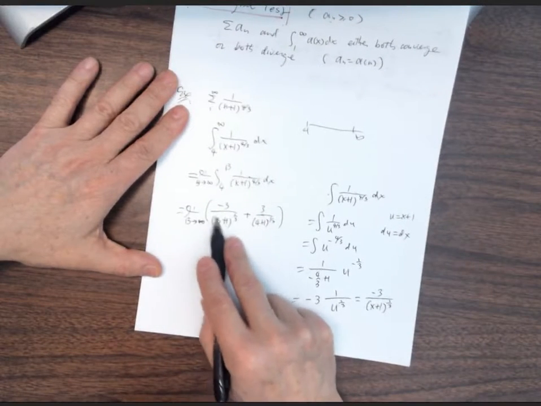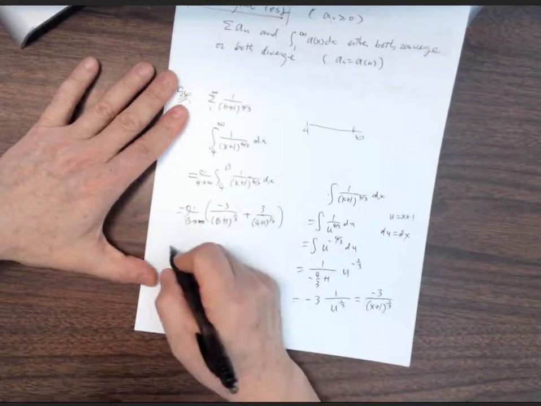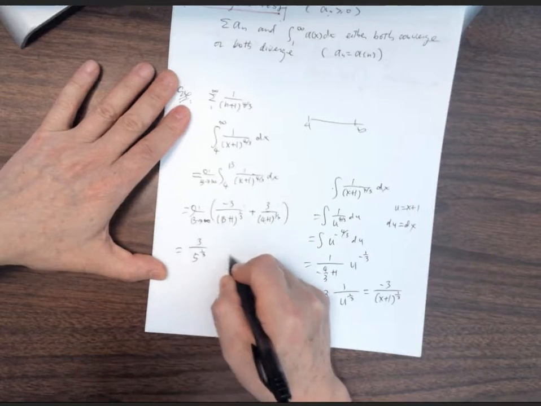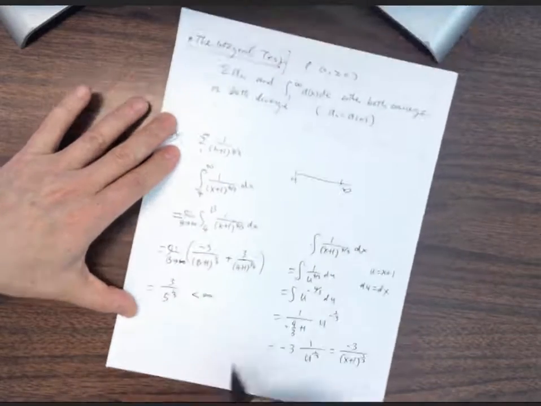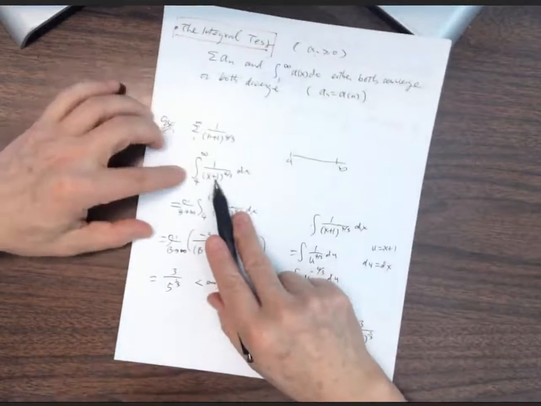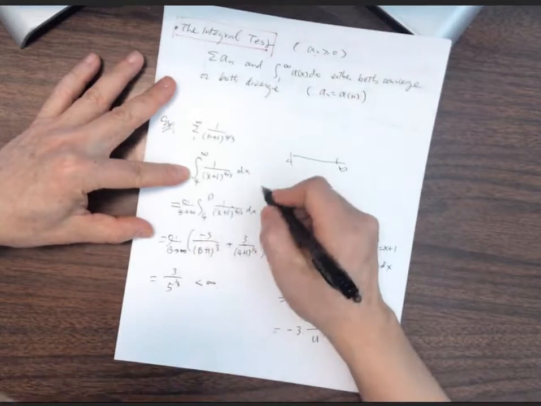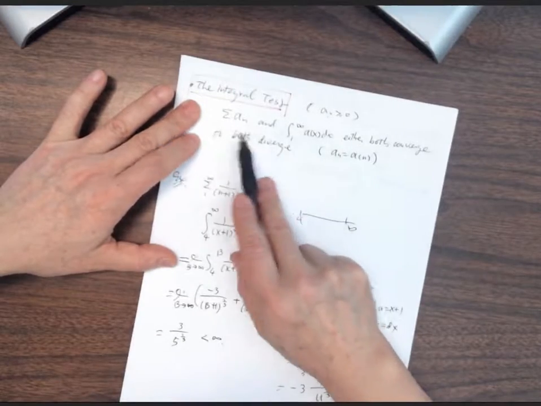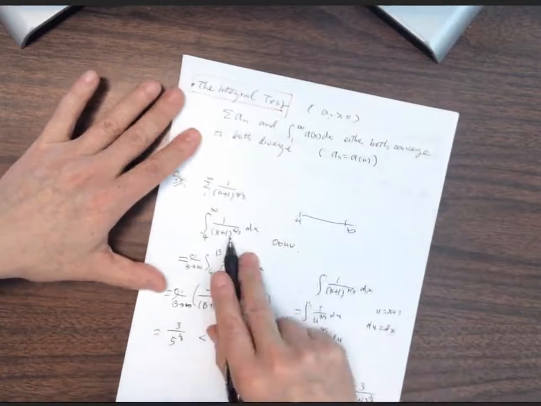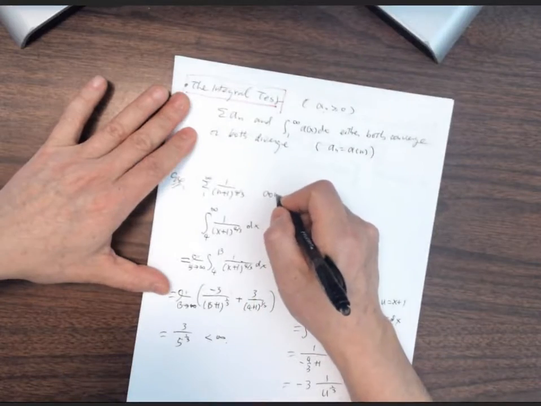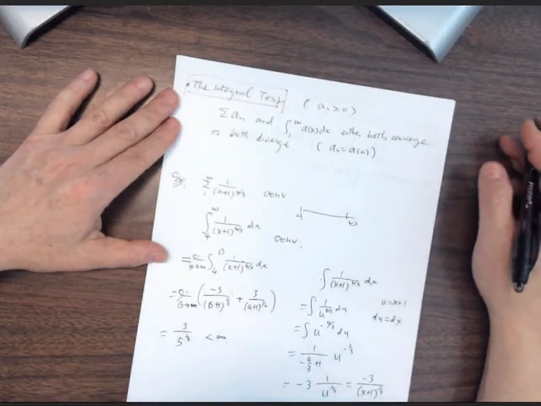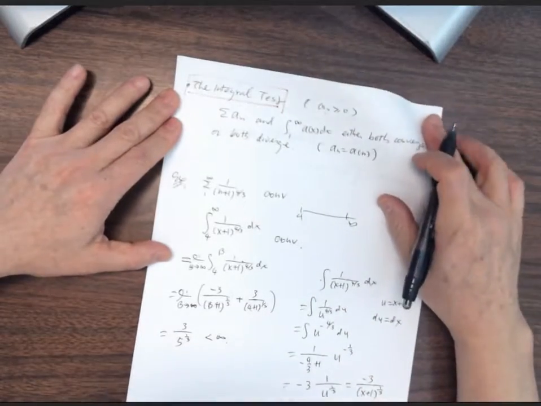The first term becomes 0, so this is a finite number, 3 over 5 to the 1/3. It's less than infinity, which means the improper integral converges. Now, according to our test, both would converge or both would diverge. So since this converges, the series converges. So it's very easy to use.